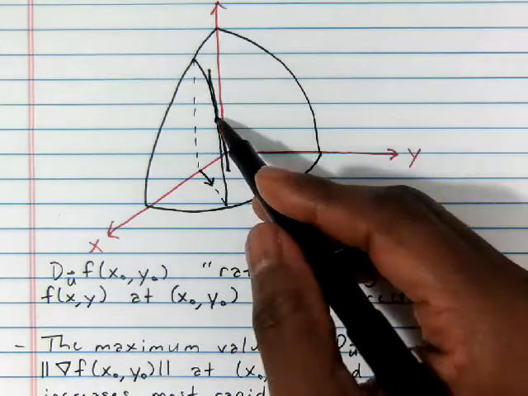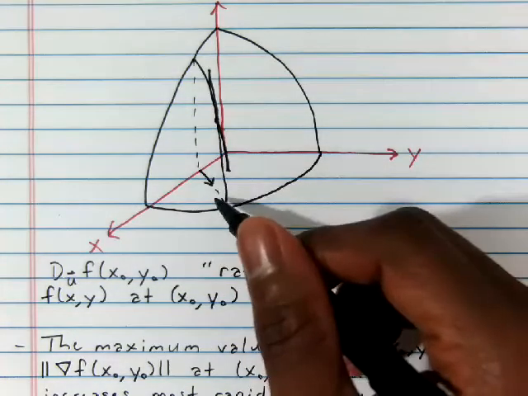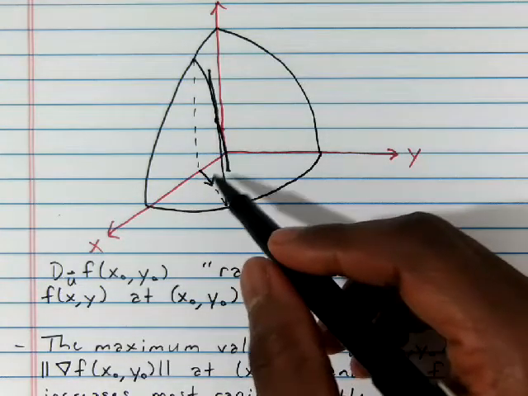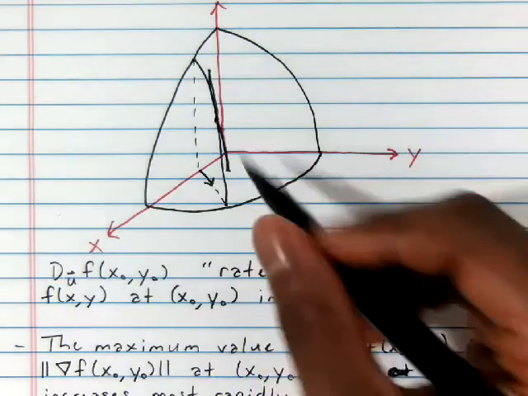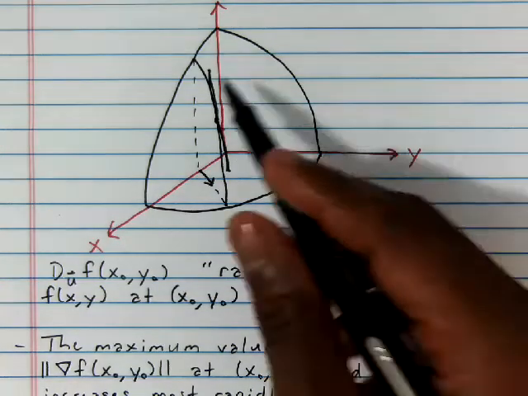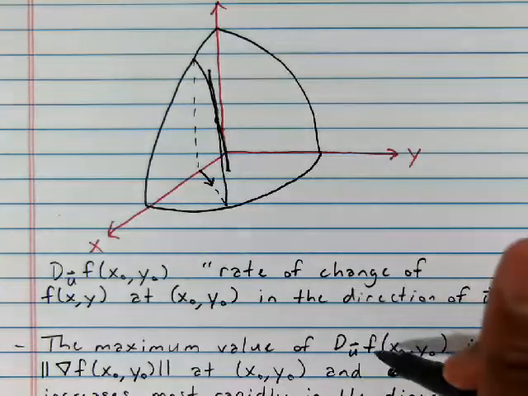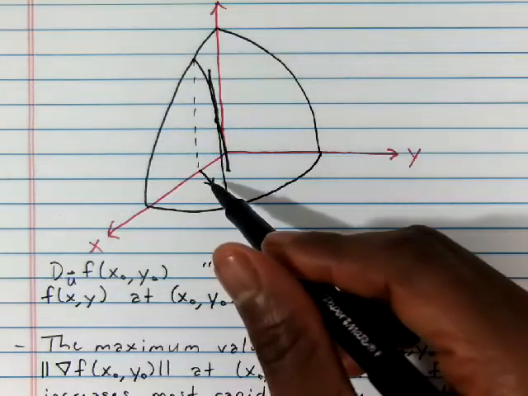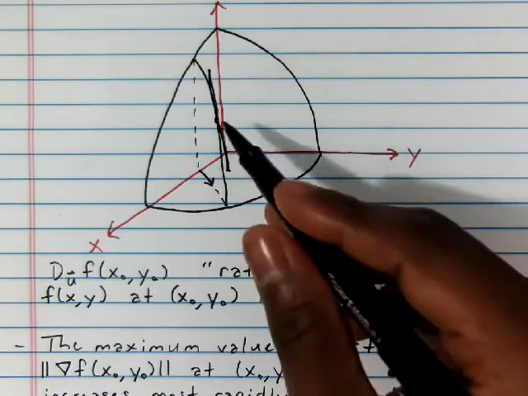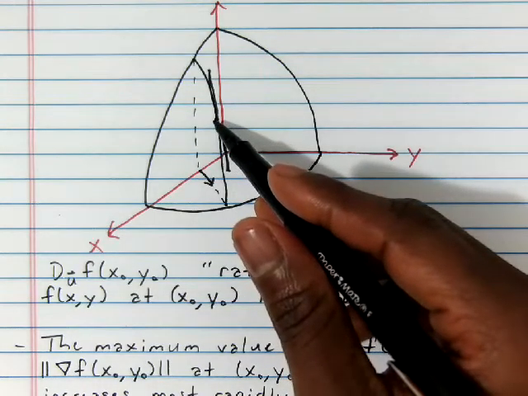So I'm on a plane that slices through the surface right through that unit vector right there, and I'm also at this point x naught, y naught. So there are two things that are at play here. Well, a few more than two, but you have your surface, which is f of x, y, z, you have the direction that you want to travel, and then you have the point where you are currently standing on that surface.